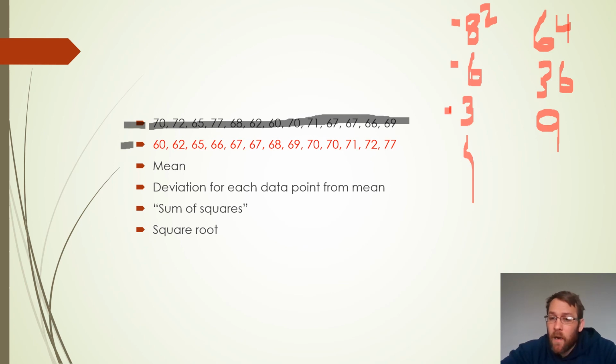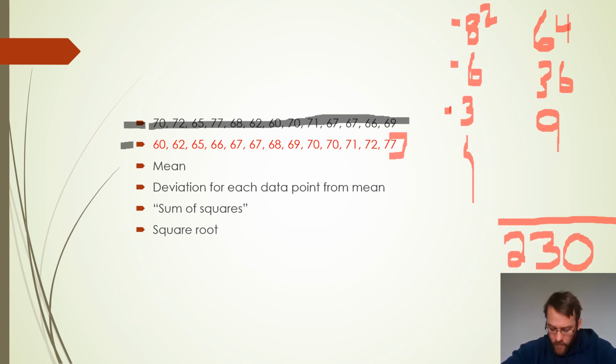When I add up all of the numbers that have now been squared, I get a very large number. Hold on. I only wrote down the final: 230. When I add up all of the squares of these numbers minus the mean, I get 230, right?